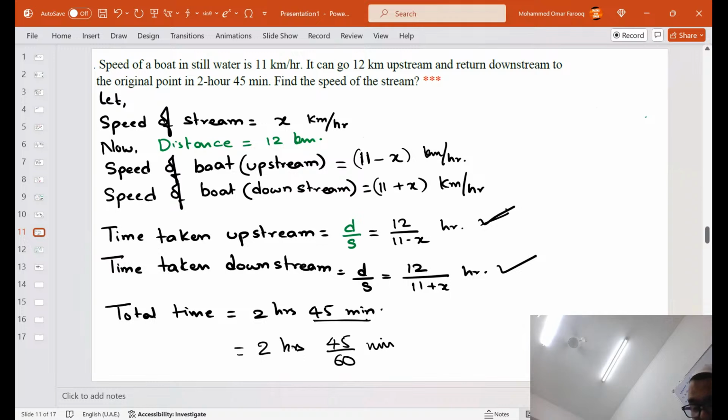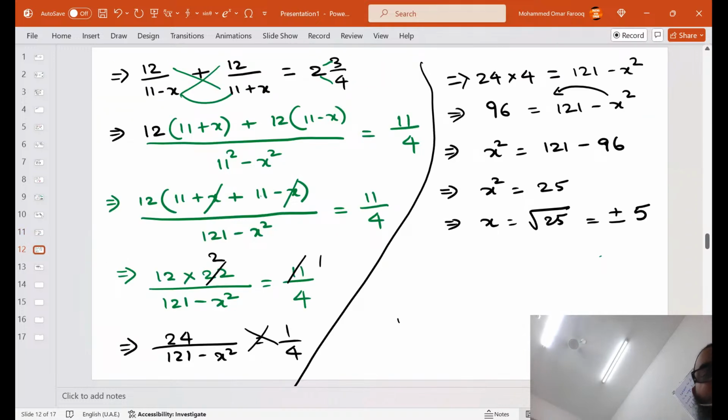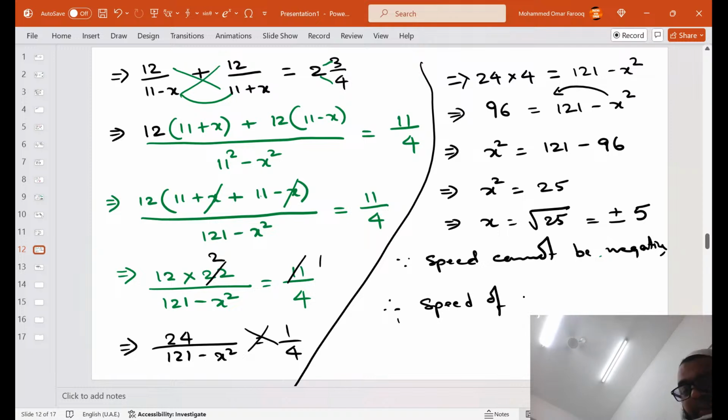X we have taken speed of stream. So speed of stream cannot be negative. So since speed cannot be negative, therefore speed of stream is equal to 5 kilometers per hour.